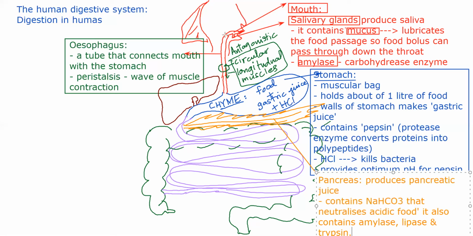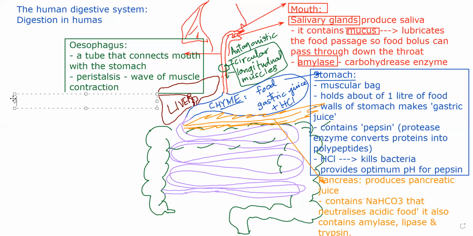Now, let's move on to the other part. This is basically the liver. When I say liver, you need to know 2 things. So this is the liver, and here you can see this is basically the gallbladder. Let me write here.